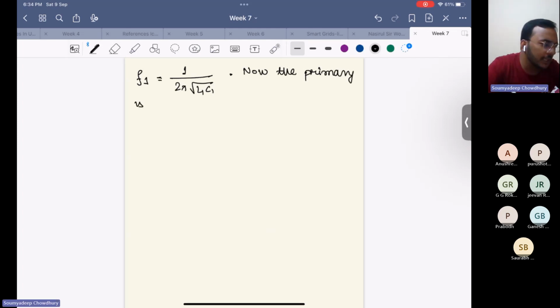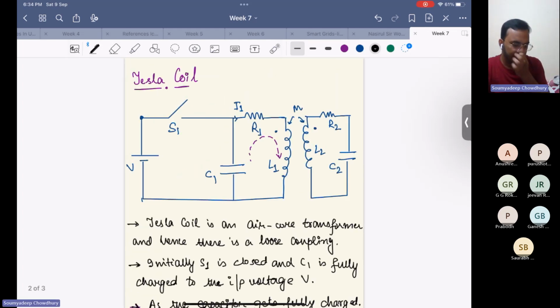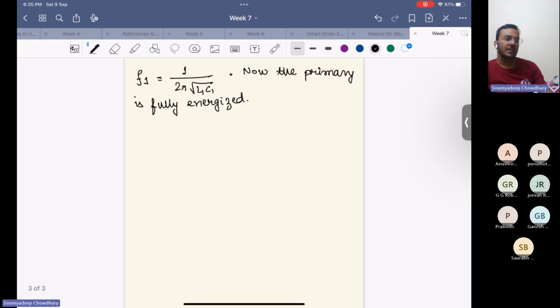By primary, I mean the primary inductor, that is L1. So basically, what happens till now? C1 gets charged from V by closing S1. Once C1 gets charged, it starts discharging as S1 is opened, and C1 discharges through L1. This sets up an oscillation in the primary side with frequency F1 equal to 1 by 2 pi root L1 C1. Is it clear?